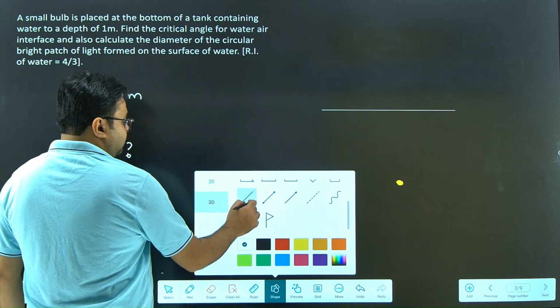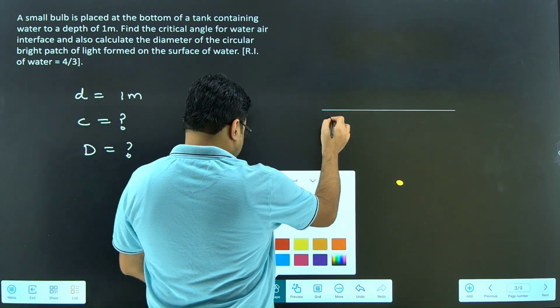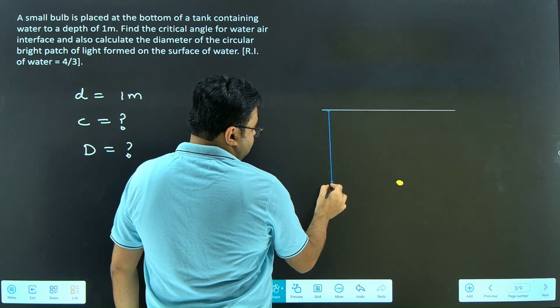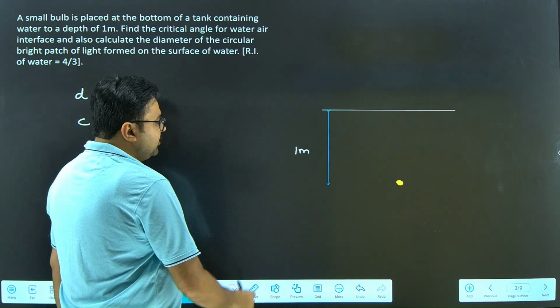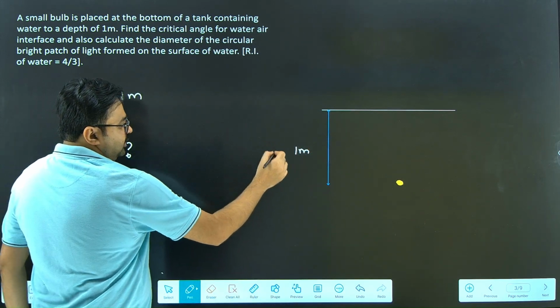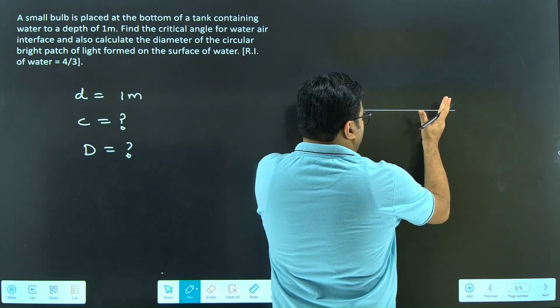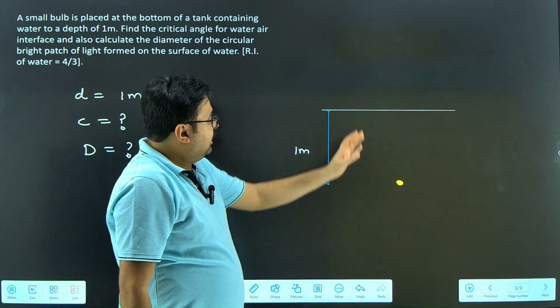The depth of the bulb is 1 meter. So let's just write that maybe from here to here, the depth of the bulb is 1 meter. That's D, by the way. So if you can imagine, light will go out of this particular interface and then get out.